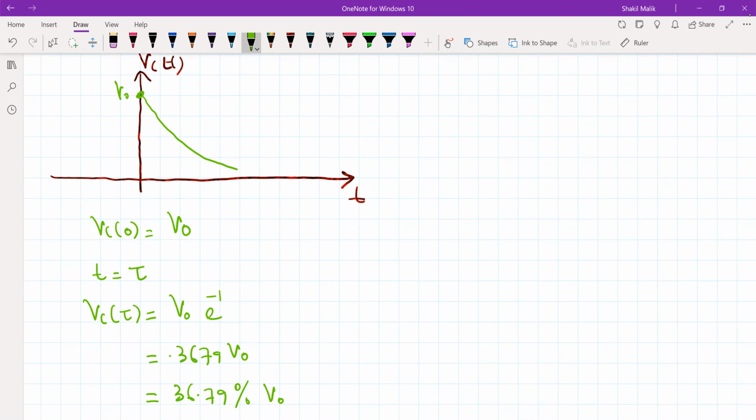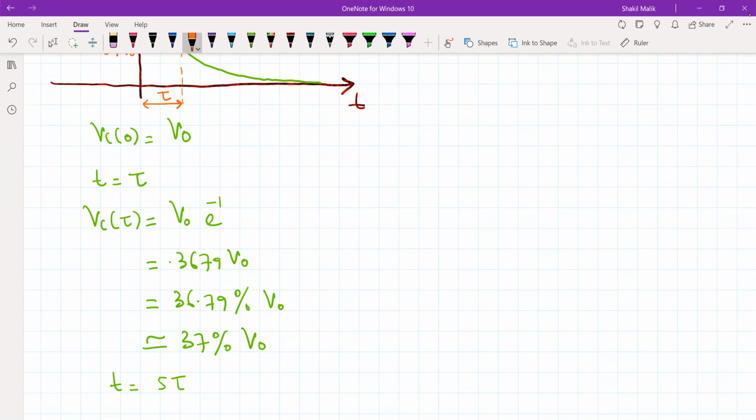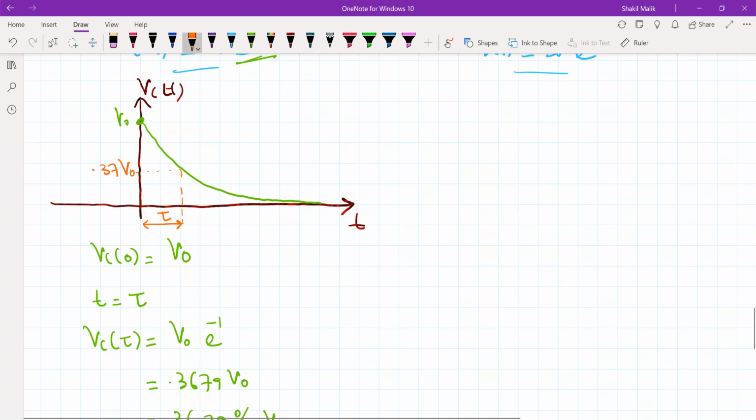So if you plot this like this, in one time constant, this is the one time, this is tau. So in one time constant, the capacitor voltage drops to 0.37 V naught, although it's actually 0.3679, and we are assuming that's approximately equal to 0.37.